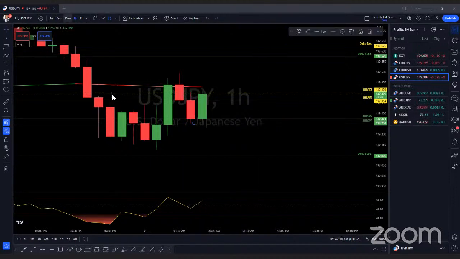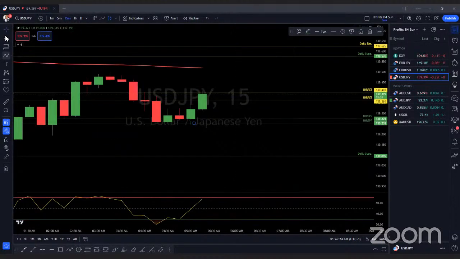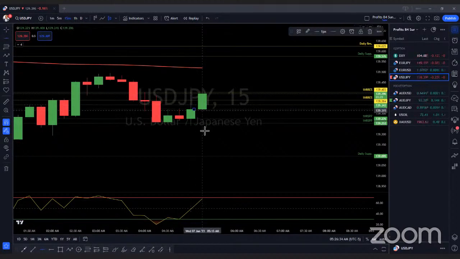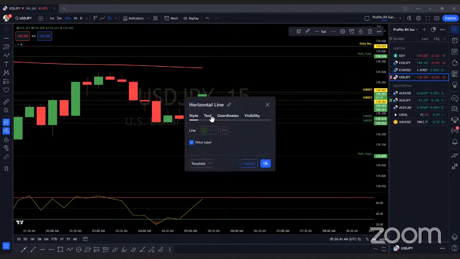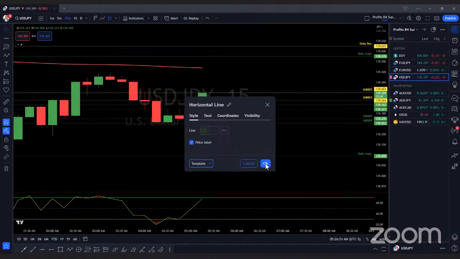All right, now we're down to the 15-minute. Same thing with the 15-minute. And when using these resistance and support lines, guys, I had a student ask a question yesterday regarding them. The question was, which one is more relevant? Is one greater or more reliable than the other?